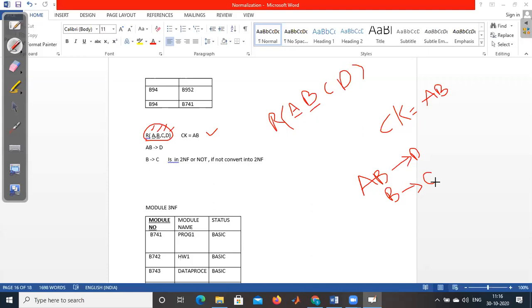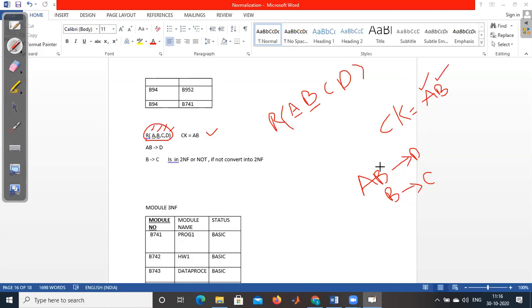What is second normal form? All non-key attributes should be fully dependent on primary key attributes, or candidate key, primary key, whatever we call the key attributes. So what are the key attributes here? A and B are the key attributes.